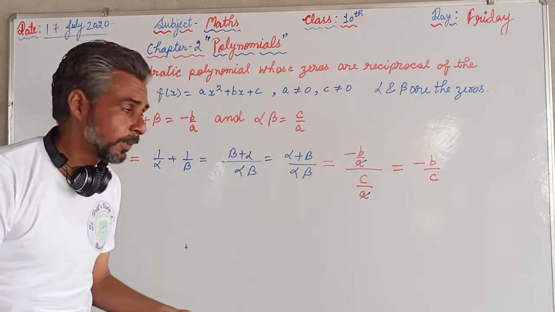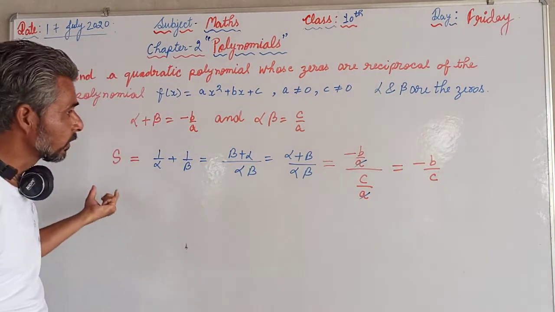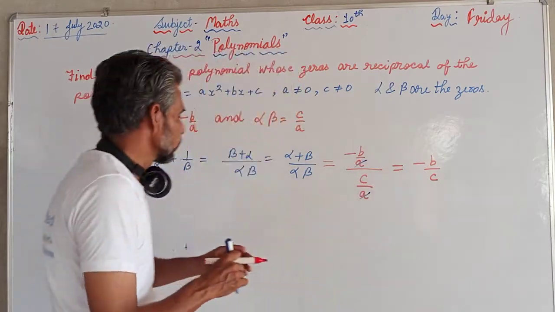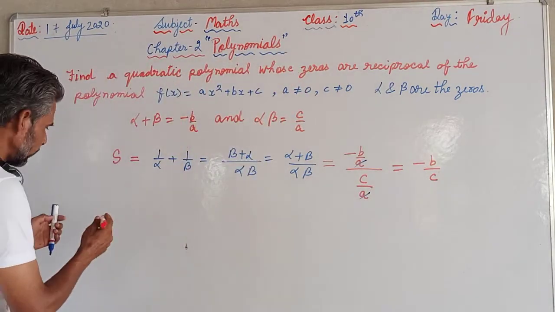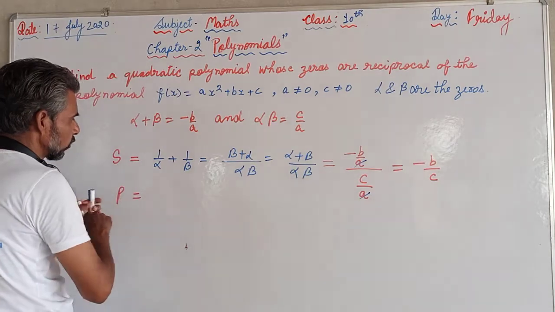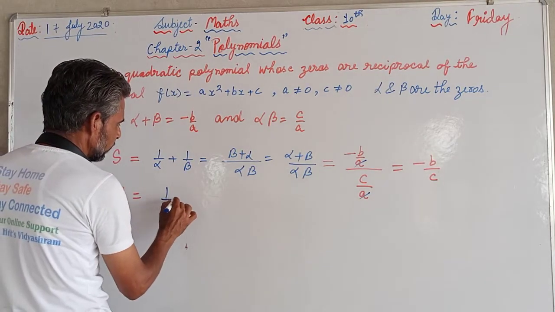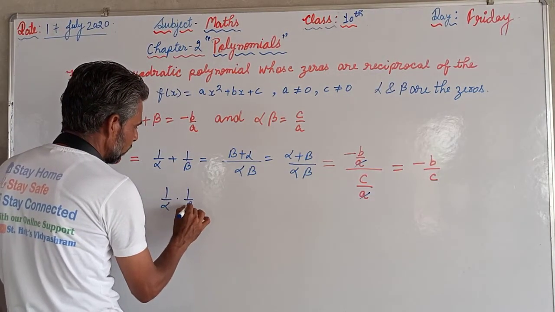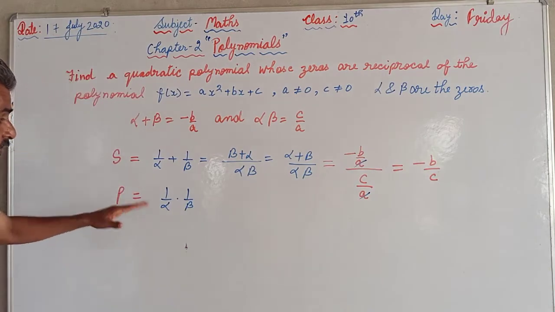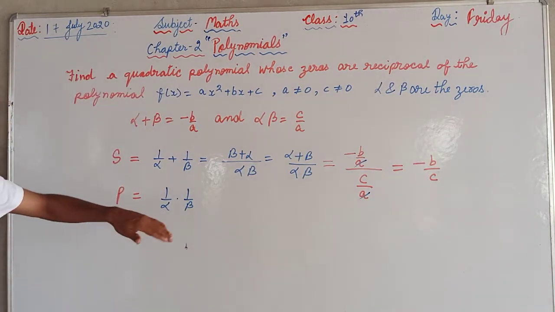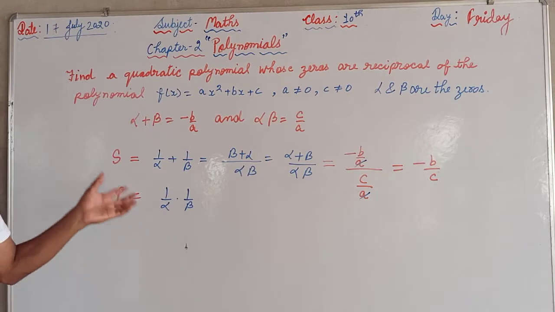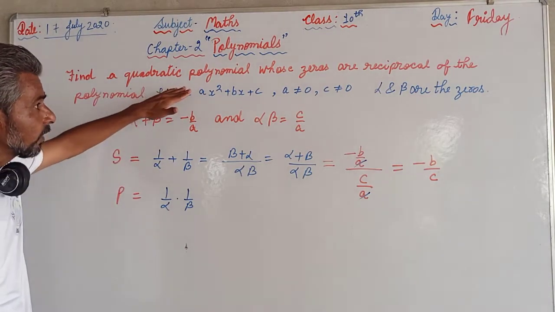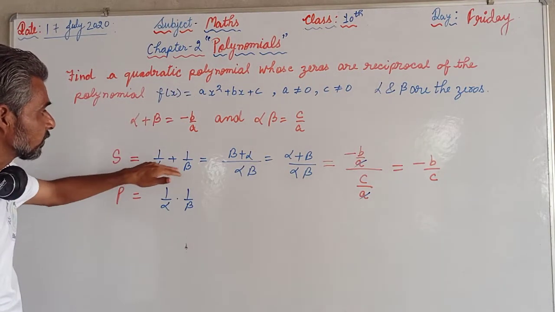जो हम नया polynomial बनाएंगे उसके zeros का सम कितना होगा, minus b upon c. At the same time the product will be 1 upon alpha into 1 upon beta. Why? Because the zeros of the polynomial to be constructed are the reciprocals, means इसके अल्फा और बीटा हैं तो इसके 1 upon alpha और 1 upon beta.